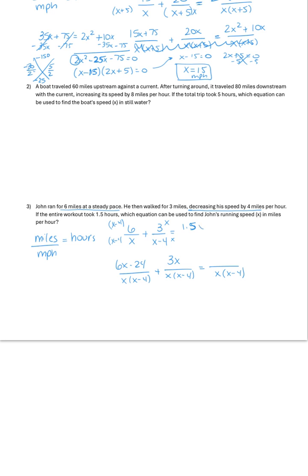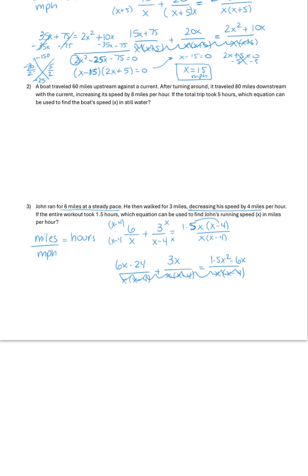And then the third one, I have to multiply by x and x minus 4, so that's going to give me 1.5x squared minus 6x.